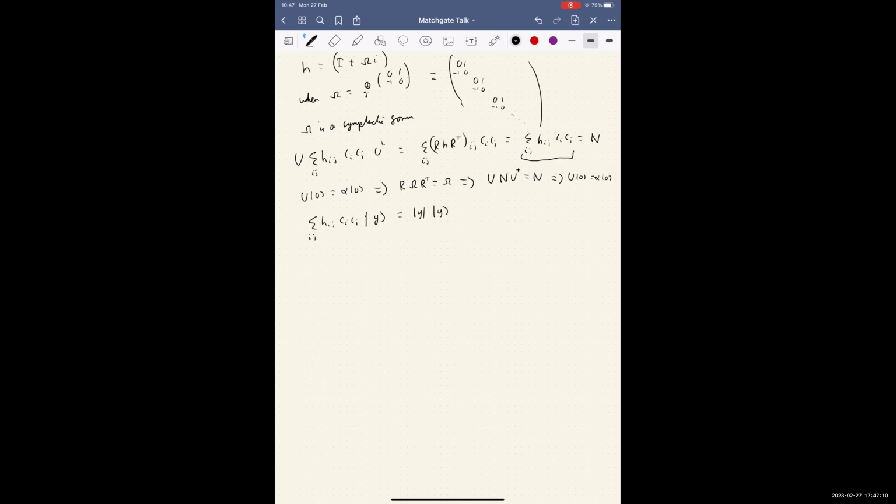I guess it might help to say what we expect the definition of n to be, apart from it turning out to coincide with that expression with the h. What would be a reasonable expectation for an operator n?